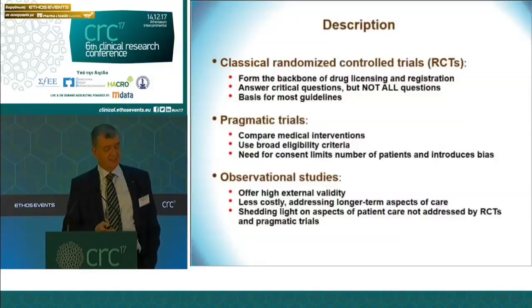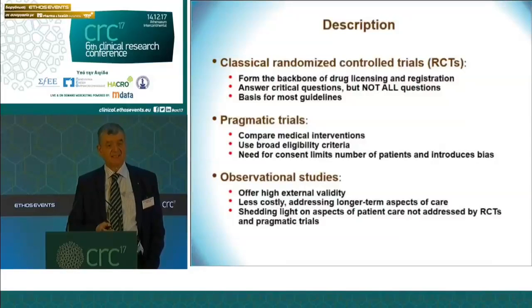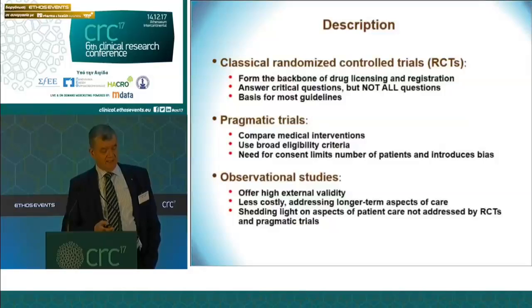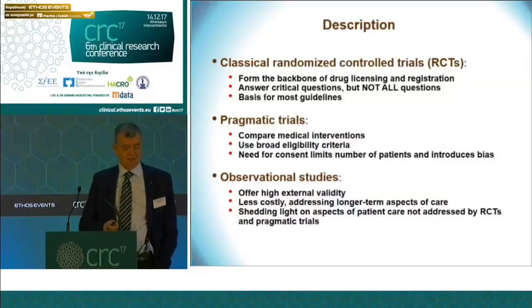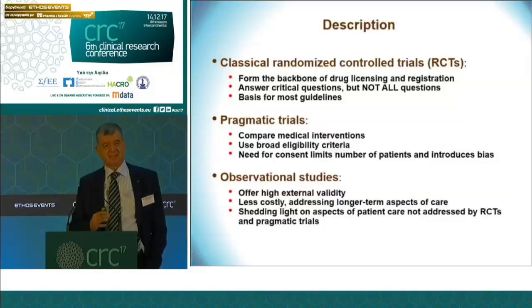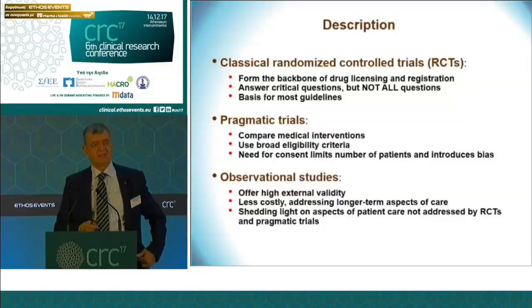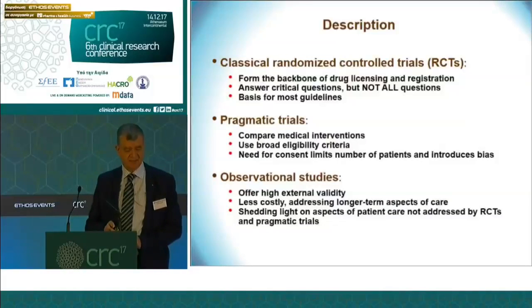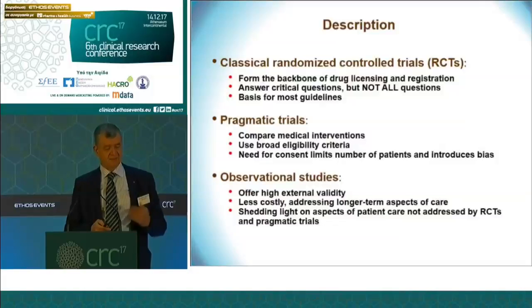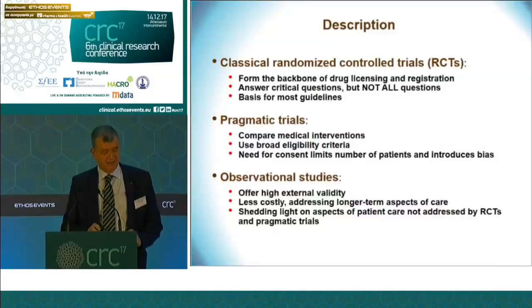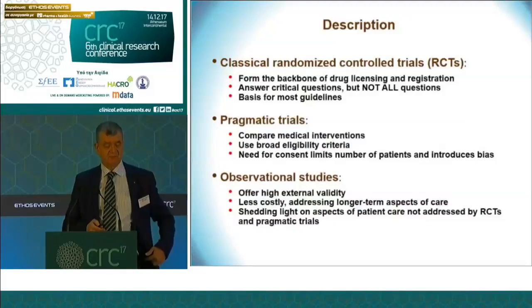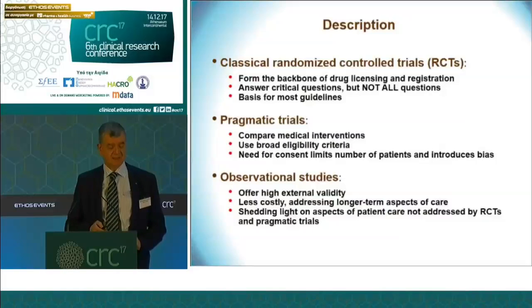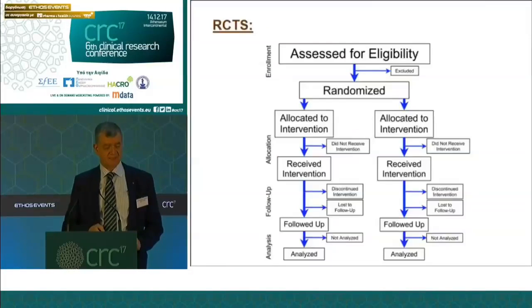Observational studies offer high extent of validity. They are less costly in terms of proper organizations of assessment and documenting all different outcomes. They address longer-term aspects of different diseases, and they shed light on aspects of patient care not addressed by randomized clinical trials and pragmatic trials.